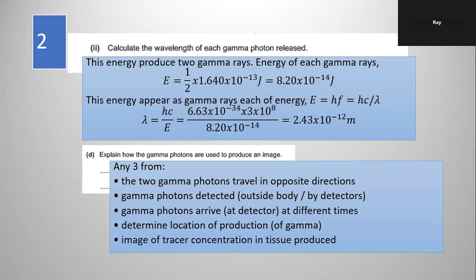So an image of tracer concentration in the tissue is produced. Any three of them, it is a 3 mark question.